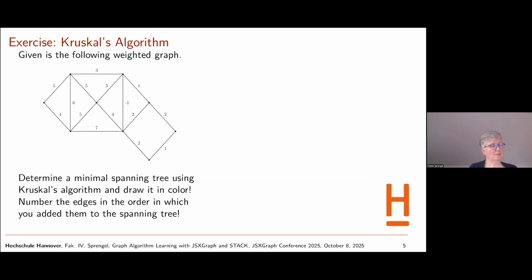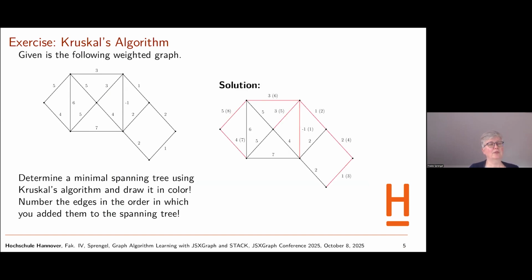And this you can do just by pen and paper. You can just mark the edges with color, and then we want to see in which order the students add the edges to the tree. And so what we want to have afterwards is something like this.